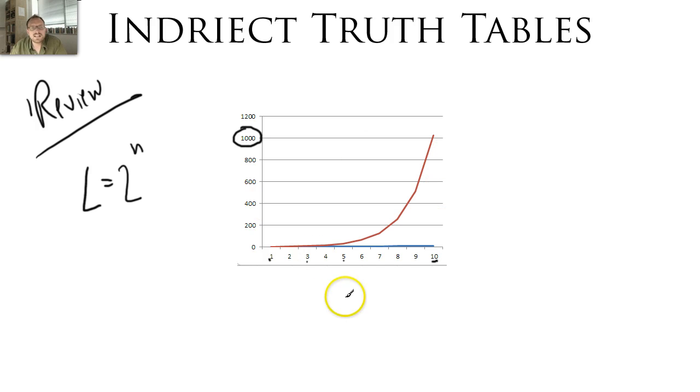When we get to 10, the capacity to analyze an argument using truth tables becomes basically impossible. You would literally need an Excel spreadsheet or something. You definitely would need a computer program to analyze what people are doing in ordinary language.